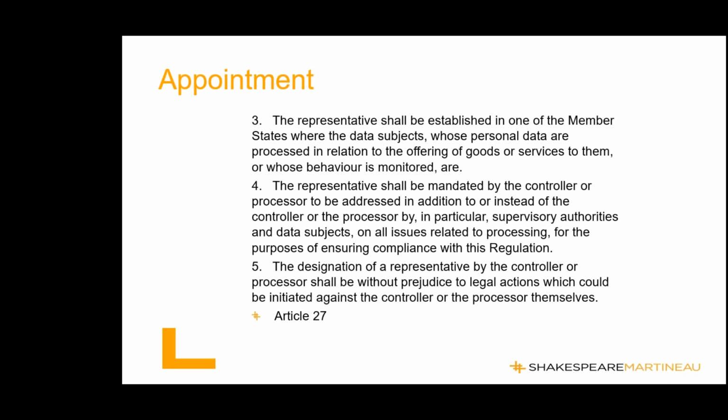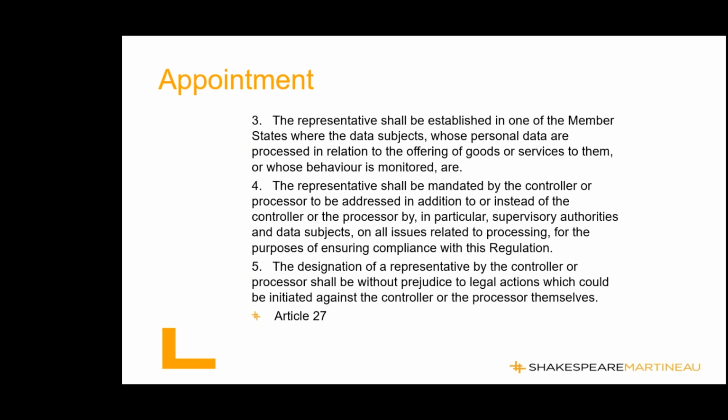In terms of how this works, the university is required to appoint a representative, which has to be a person who will be responsible for liaising with the supervisory authority and following instructions. It will be different from a data protection officer, who will need to be independent.